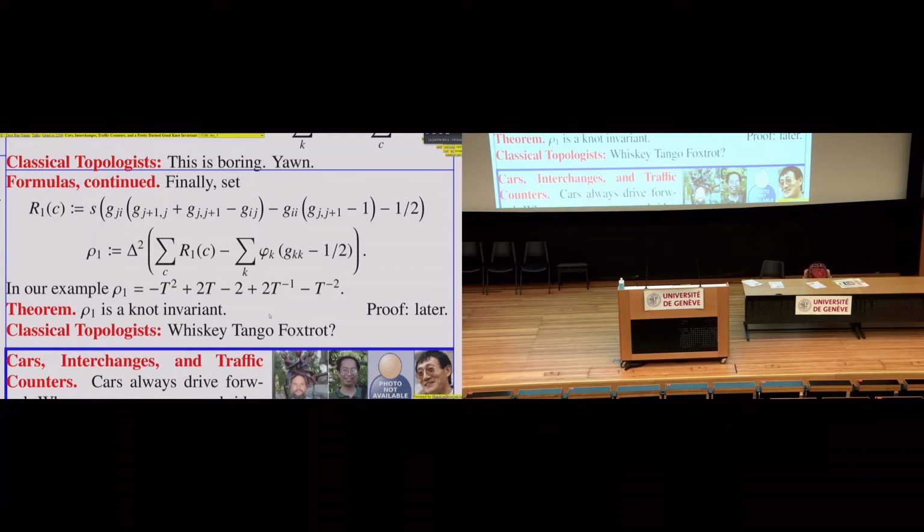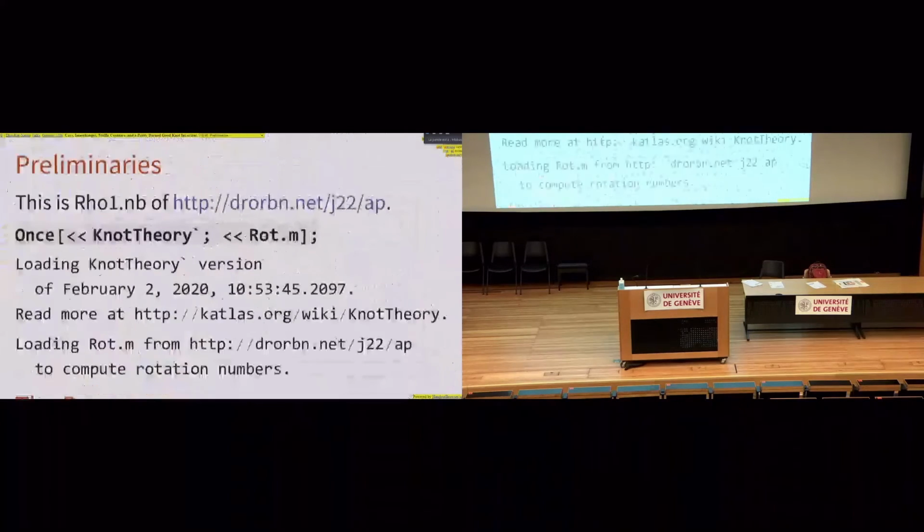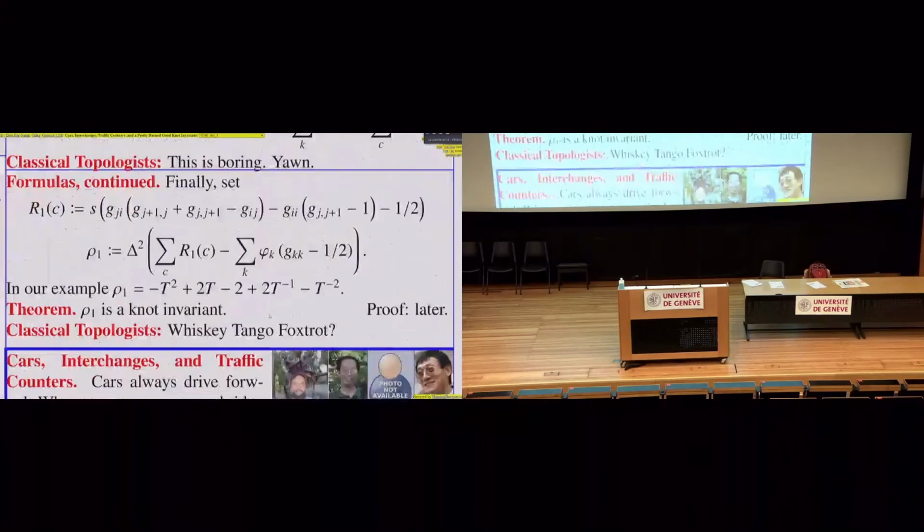Everything that's new is in this box. So, given a crossing, let me remind you, a crossing is really a triple: a sign S and two integers, I and J, which indicate the upper strand and the lower strand.